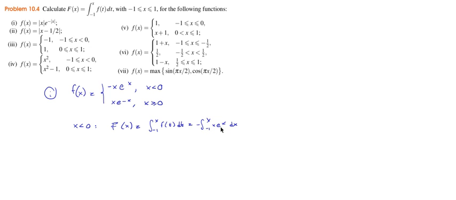Now this integral, we've done this 100 times before, right? This is minus, and then we have x minus 1, e to the x, right? And then this has to be evaluated at x and at -1, right?